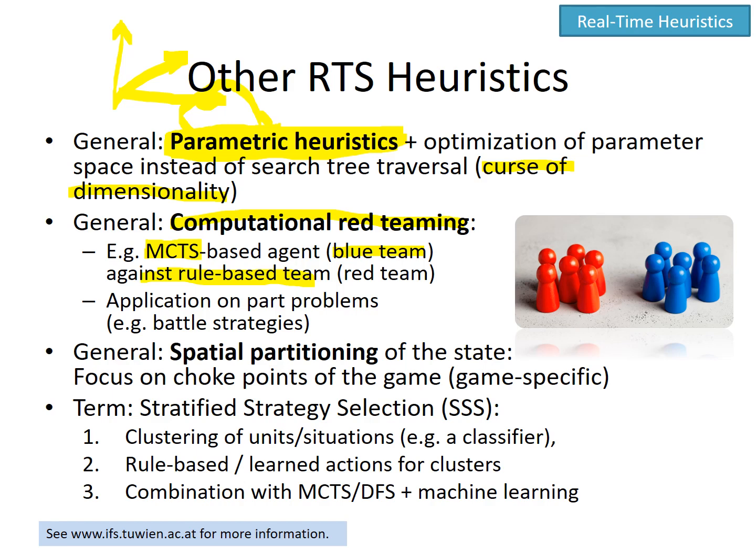Another thing that I want to mention is spatial partitioning. Since we have a lack of structure in these real-time games, because the game fields are usually very big and the behavior is kind of chaotic, it might always be an option to separate different spatial areas from each other and do an optimization on the individual areas independently, and from that conclude on the general behavior.